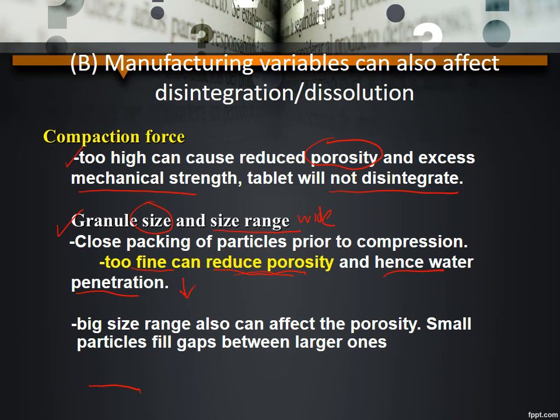When you have a wide size range, and you have a big particle like this before compression, and you have small particles that fill in the gap between the big particles, this can also reduce the porosity of the tablet.